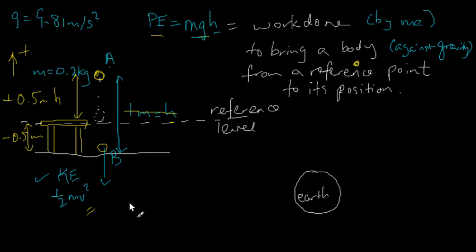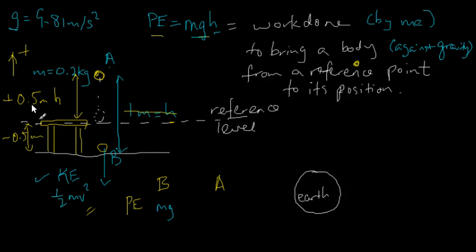I want to find the potential energies at A, and I want to find it at B. Now, to find the potential energy at A, I must use this formula, mg times h. So it's mg, where m is 0.2 kilogram, g is 9.81. So we know mg.